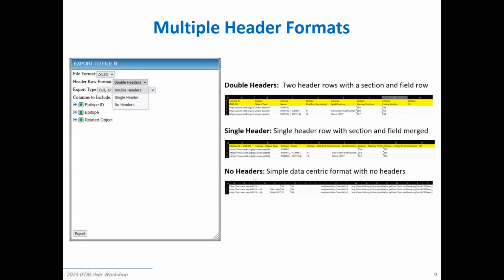The final option is no headers, which is just all the data, which is the most useful for if you're importing it or passing it along somewhere. But then you get no information about what each of the rows correlate to. But if you're selecting that one, I would assume that you would know what you're using the data for. So that would be what that option is there for.